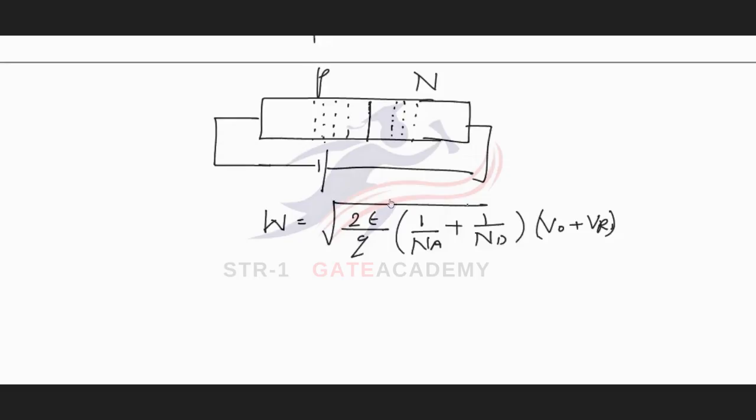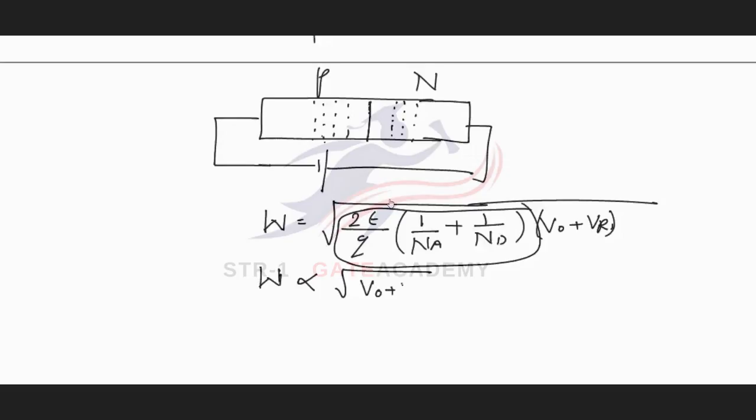reverse bias voltage. Now from this equation, if I consider all the things to be constant, I can say that depletion layer width W is directly proportional to root of V0 plus Vr.